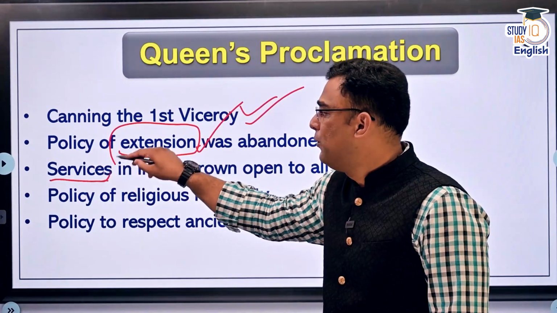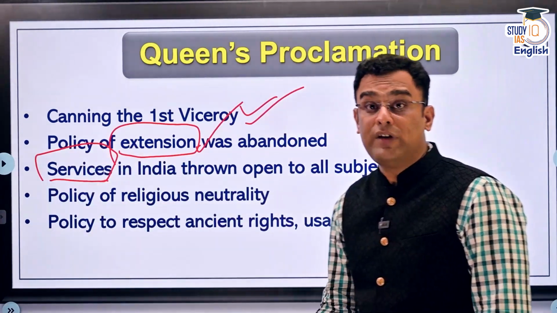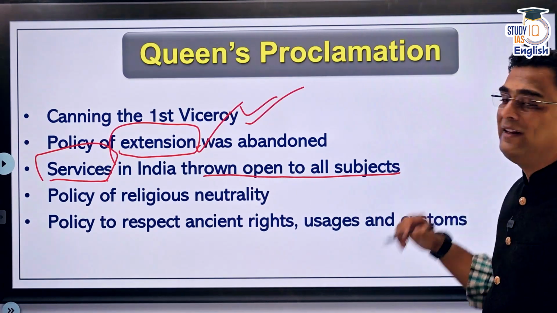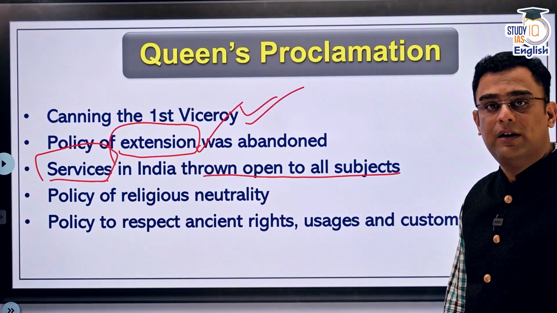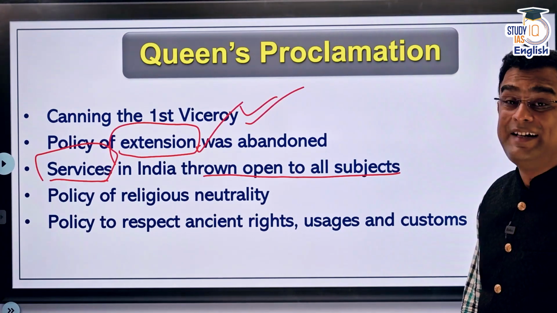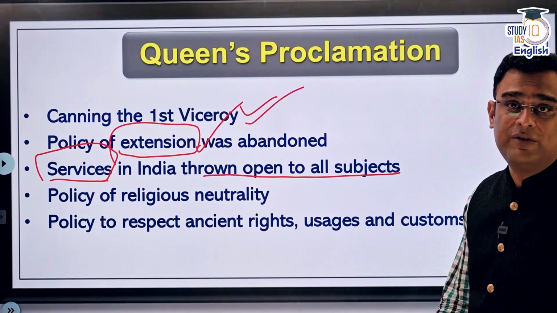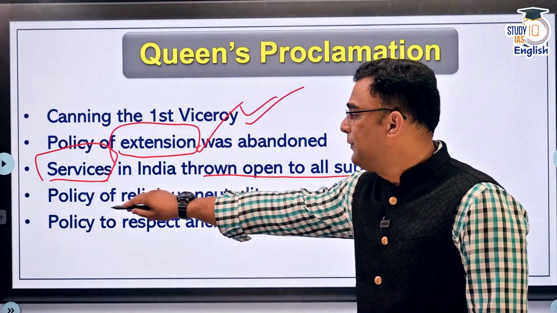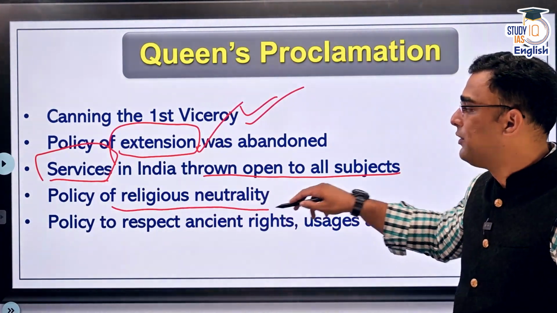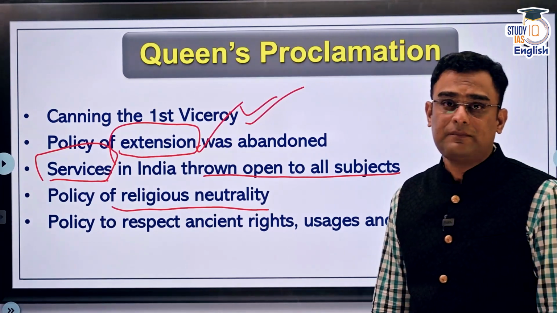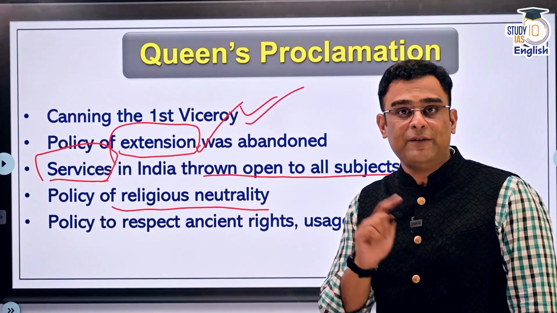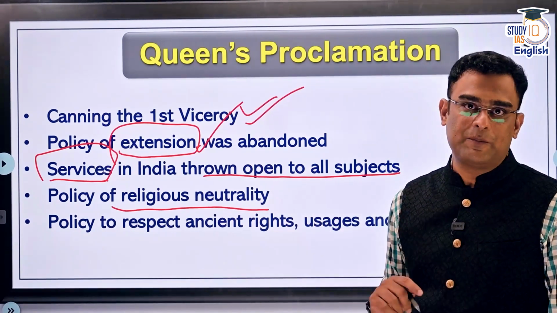Services in India were now, at least theoretically, thrown open to all the subjects of the Queen. Nobody would be debarred, was the idea, based on religion, race, caste, etc. Britishers promised to follow a policy of religious neutrality. There was a lot of discontent among Indians because of interference in matters of religion.